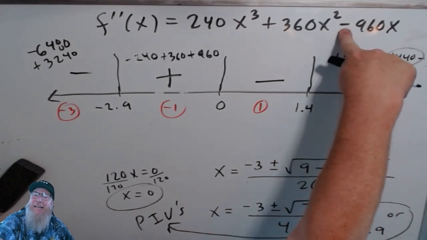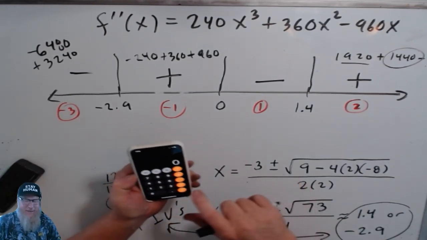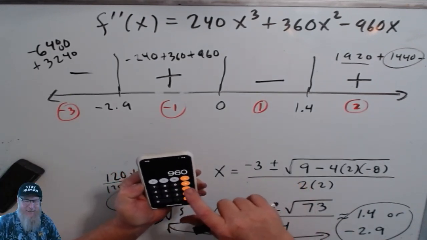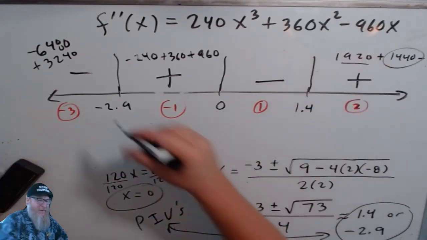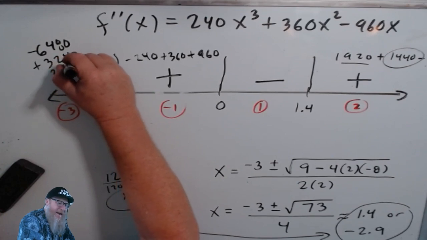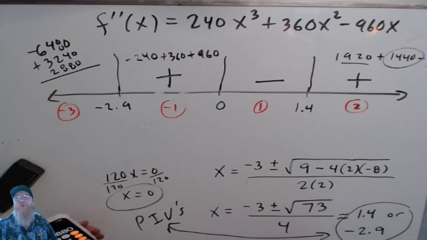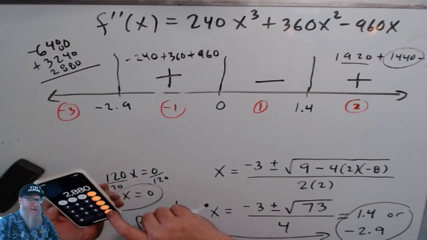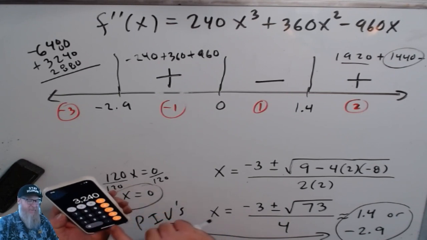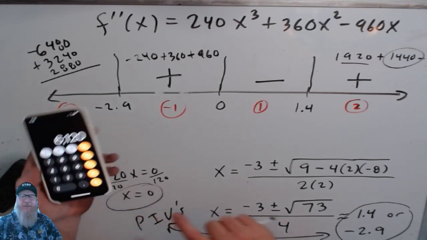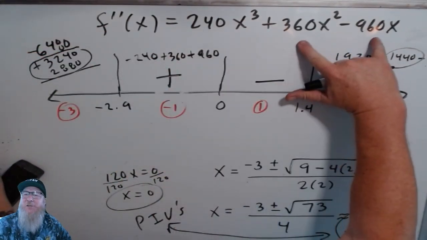This is a negative times a negative. It might get me out of the hole. Let's see. 960 times -3, 2880. Is that enough to get me out of the hole? Oh, almost. 2880. So my instinct was right. I'm still in the hole. So that's these last two terms added together.